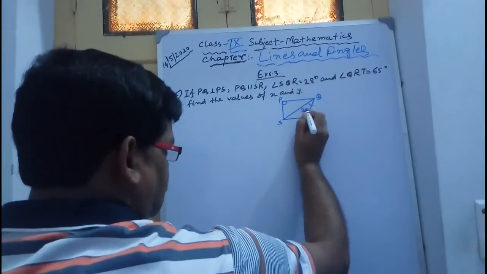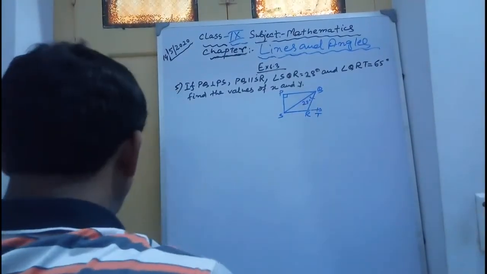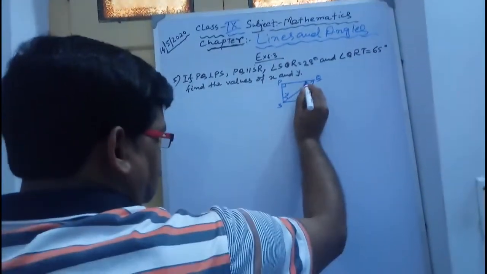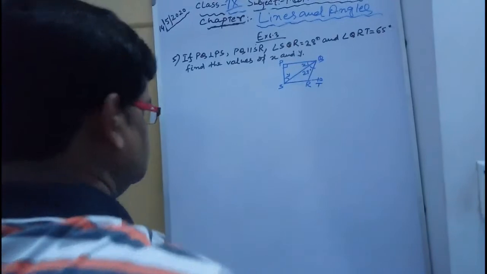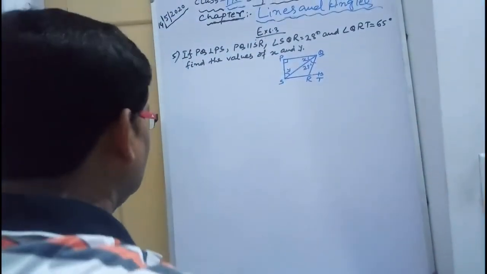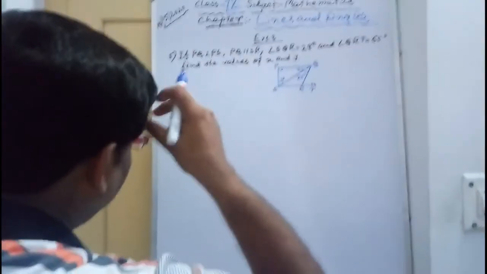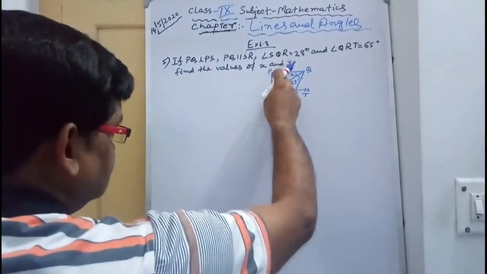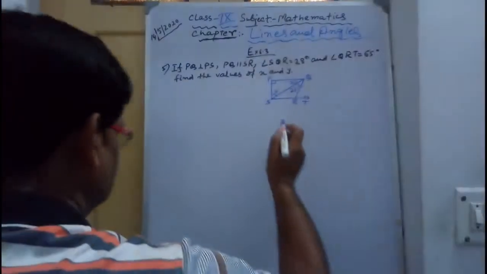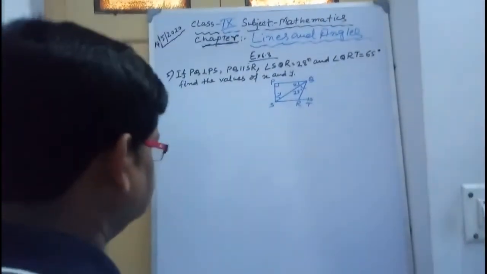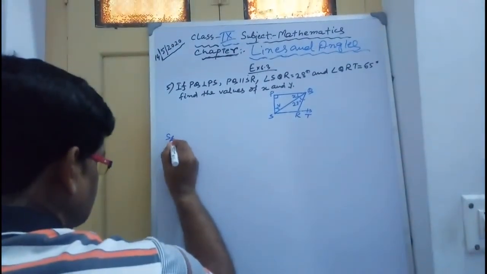This one is 28 degrees, Y and X. PQ is perpendicular to PS, this way 90. PQ is parallel to SR. Now see the solution.